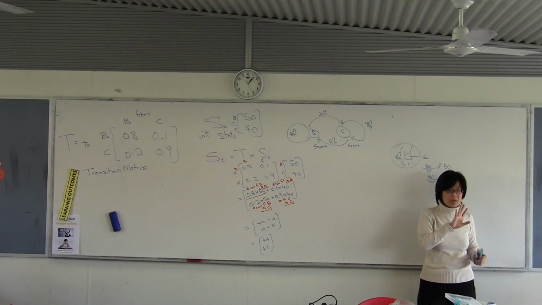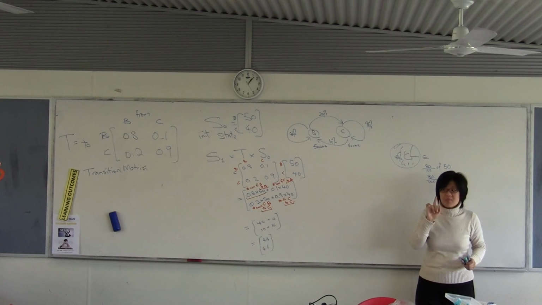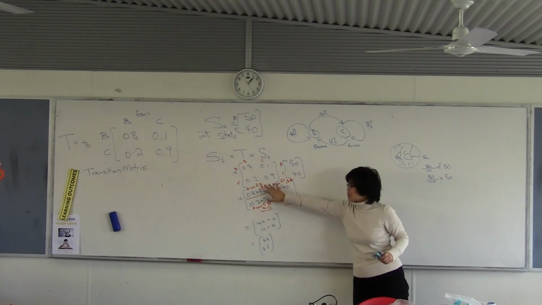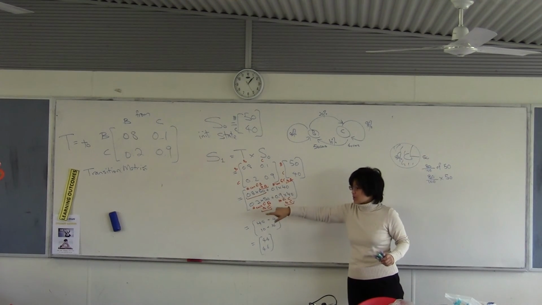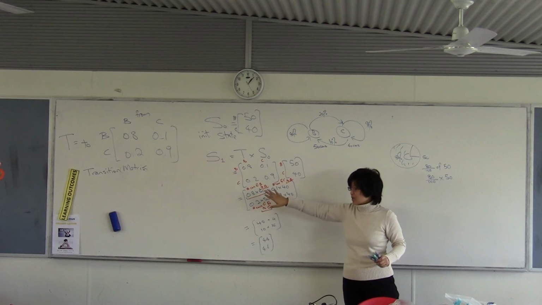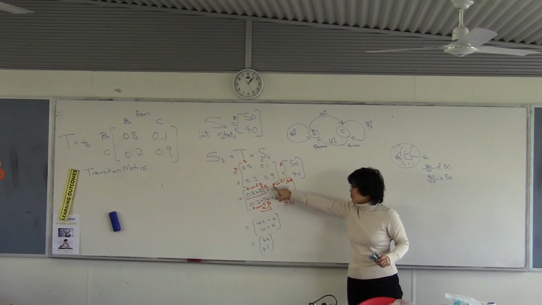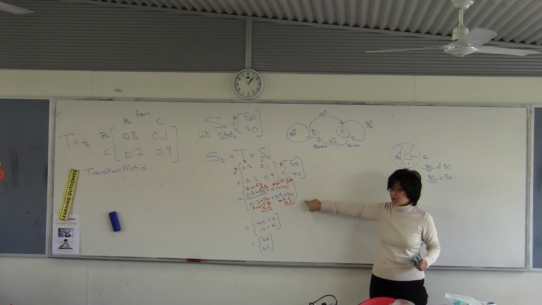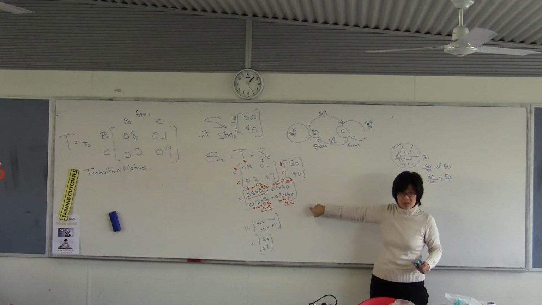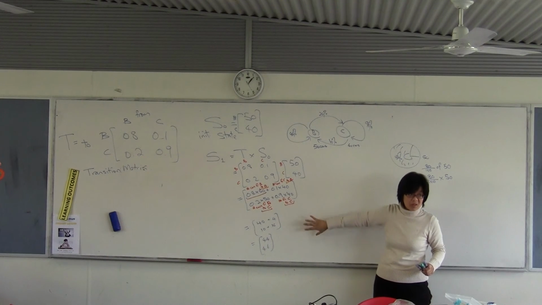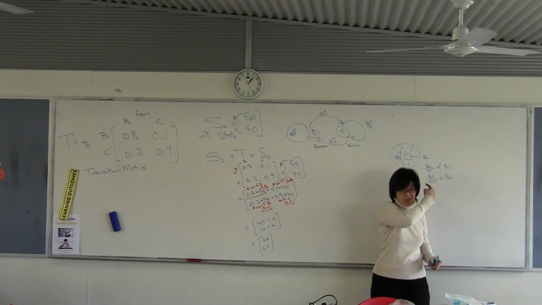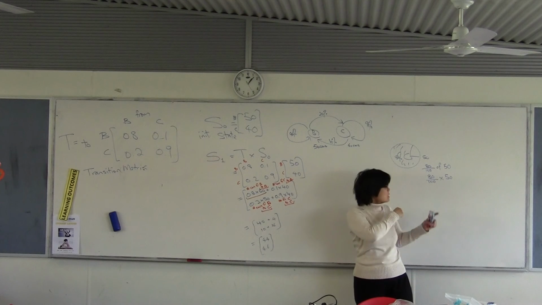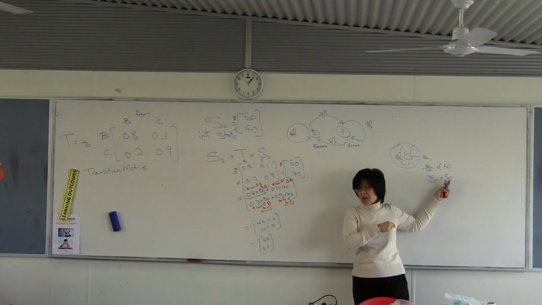So far, happy? The transition matrix tells you the information in orange, which is the important thing. Straightforward. The way you work it out is using the word 'of' is times.